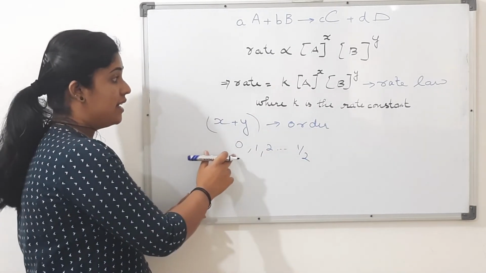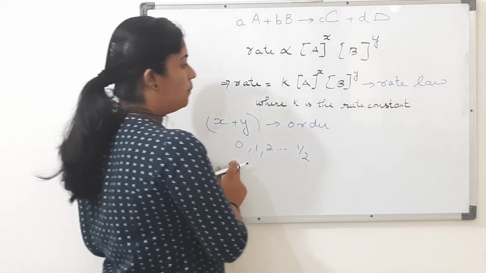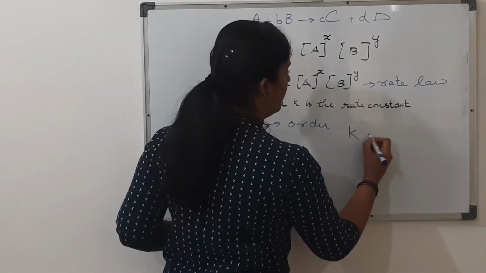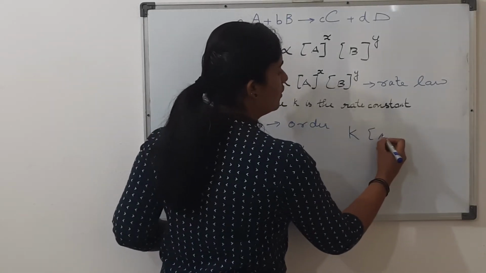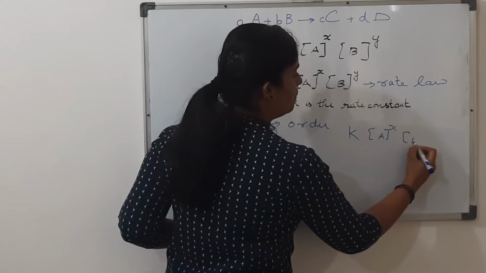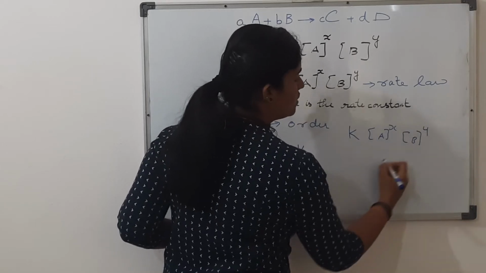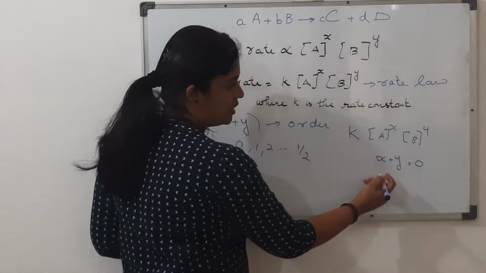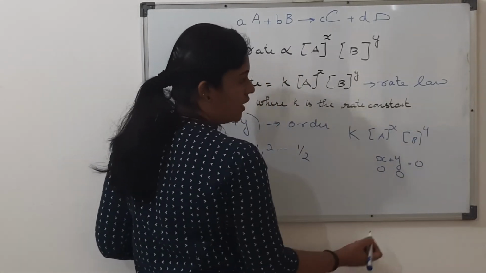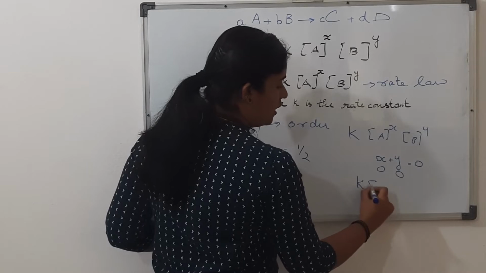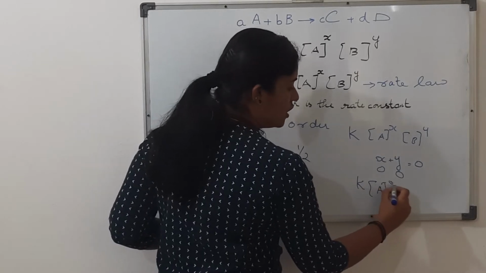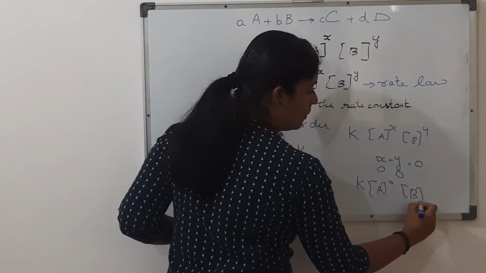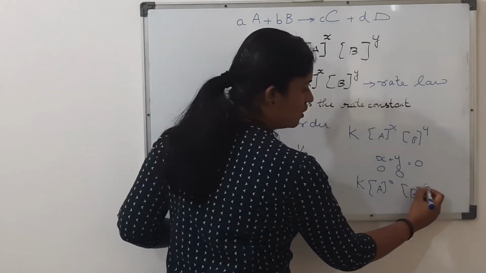If I say it is 0, it means that k is like a power x into b power y. If x plus y equal to 0, it means both of them have to be 0, x is 0, y is 0. So what can I say? It's like k into a power 0 into b power 0, right?